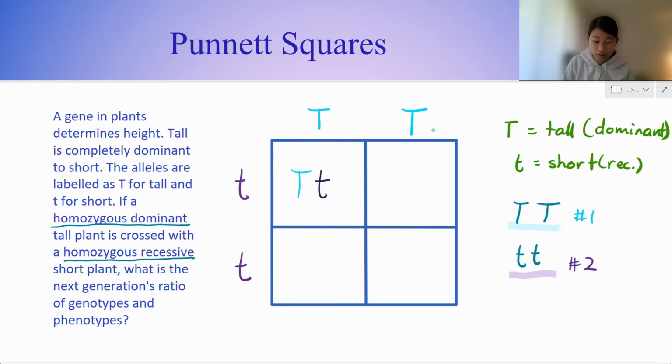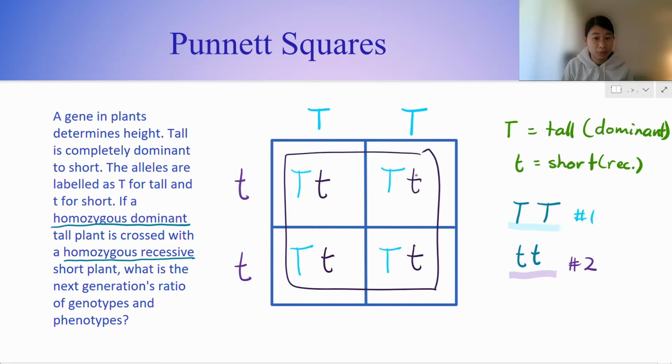What is the vertical part? Well, it's large T. What is the horizontal part? Well, little t. Okay, and so we go on and on. So for this box, what is the vertical part? Well, it's large T. What is the horizontal part? Well, that's little t. Okay, and so in each one, we're writing 2 alleles. And for the last one, we have big T and we have little t. So now we have found the genotypes of the offspring.